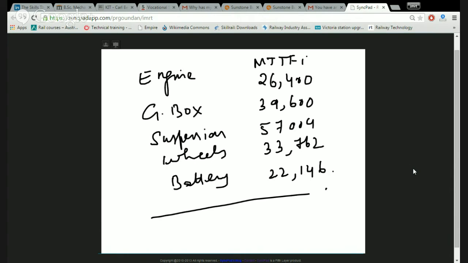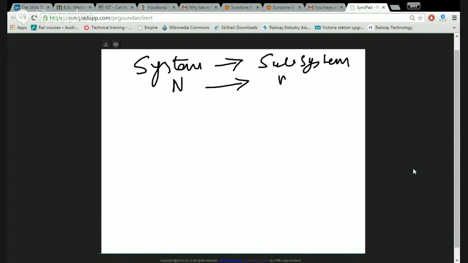The next step in the process is, so this is over. AGREE method is over now. So I have gone from system to subsystems. So from N, which is NI, I have derived the subsystem NI, and calculated the MTTFI.